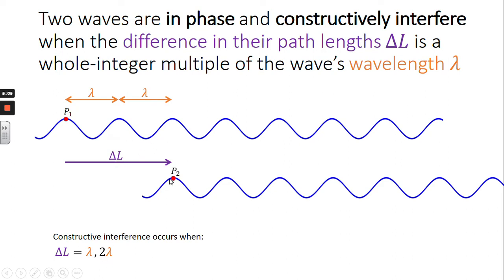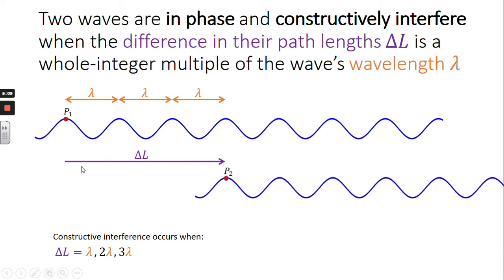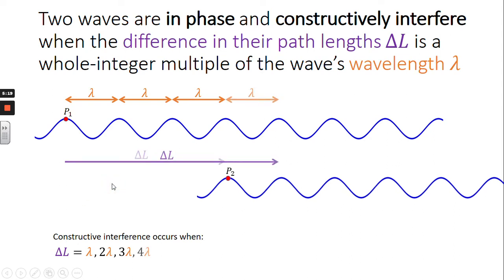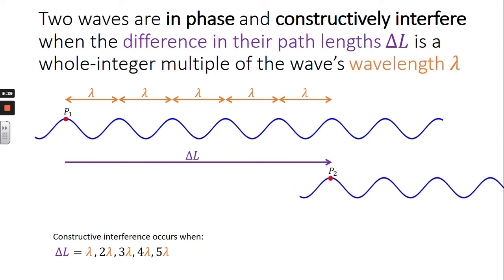If I slide wave 2 over again to a point where the path difference delta L is now 3 wavelengths, we're again at a point where constructive interference happens. If I slide it over to 4 wavelengths, the same thing happens. If I slide it over to 5 wavelengths, the same thing happens.